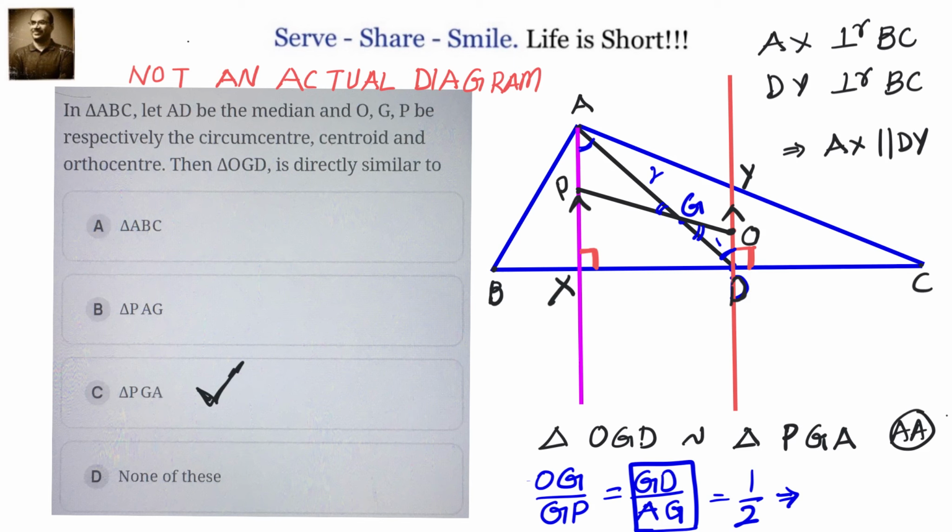That means the centroid divides the circumcenter and the orthocenter in the ratio 1:2. So that's a key takeaway we can take from this problem, that we know that OGD is similar to PGA. Not only that, we also learned that O, G, P are collinear, and actually G divides OP in the ratio 1:2. That is OG by GP equals 1 by 2.